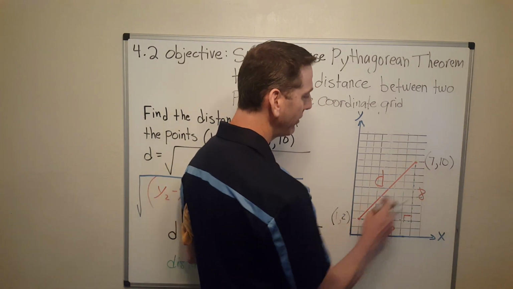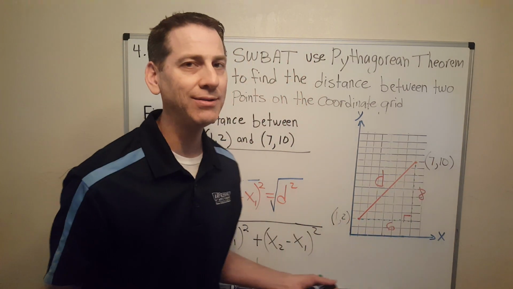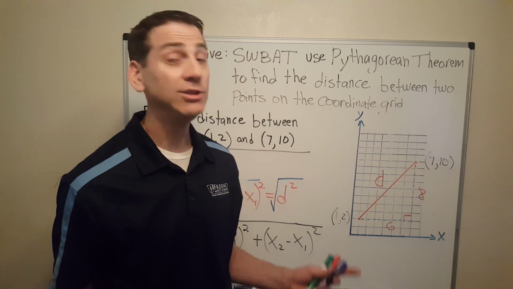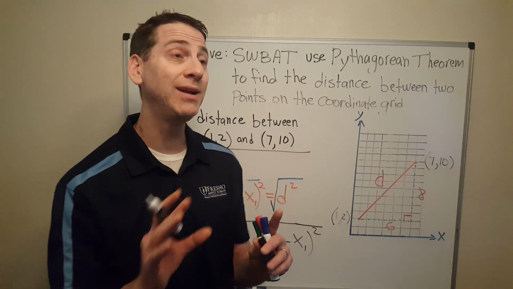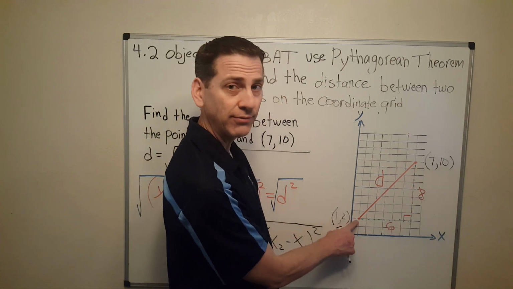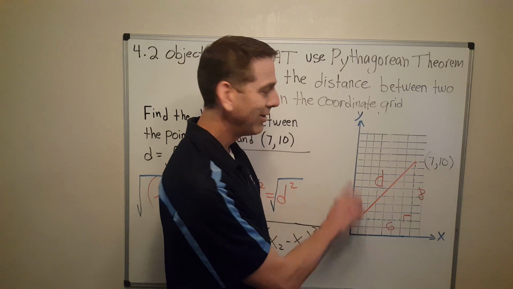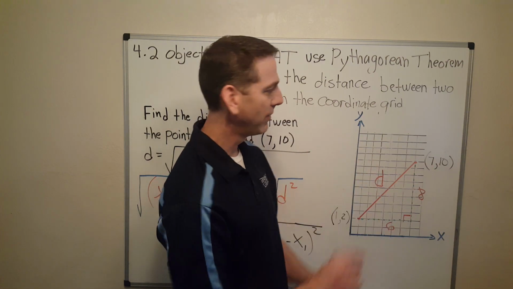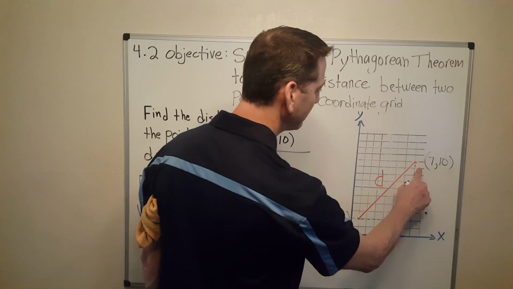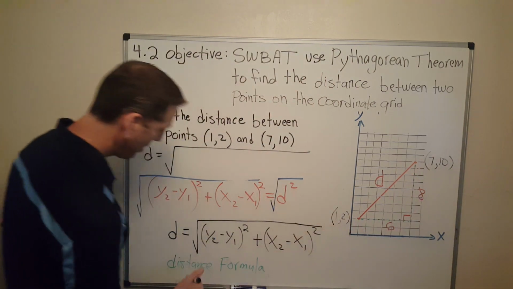This is my first coordinate. This is my second coordinate. It doesn't really matter what you call first and second coordinate. Just choose one and then be consistent. If this is going to be your first coordinate, always make it your first coordinate. Don't try to intermix them and switch them up. I just like to go left to right. So this is my first. That's my second point.